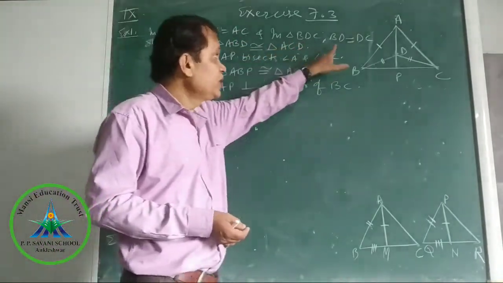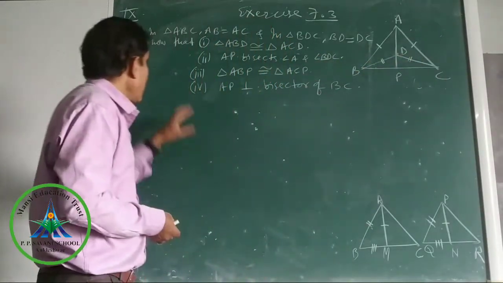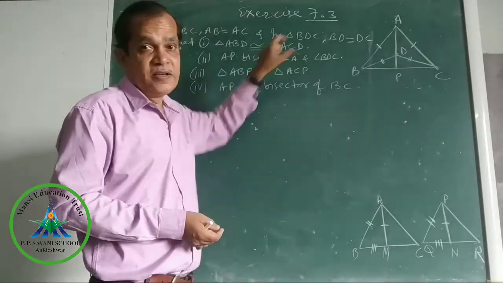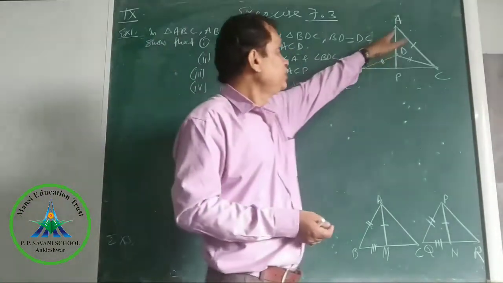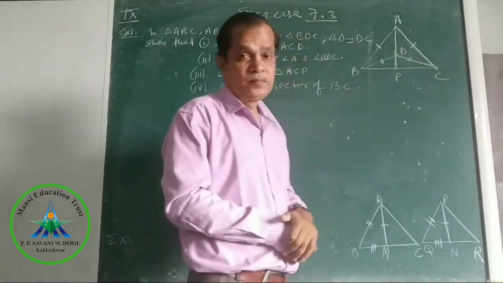In triangle BDC, BD equal to DC. We are asked to show triangle ABD congruent to triangle ACD.